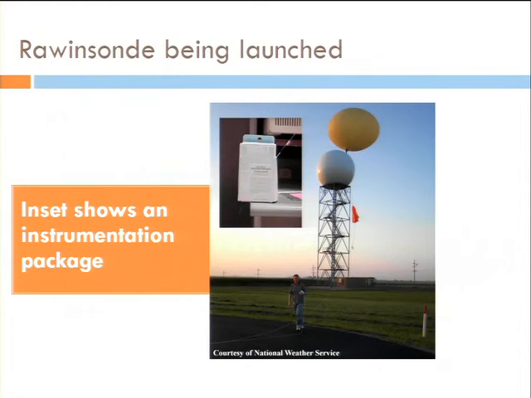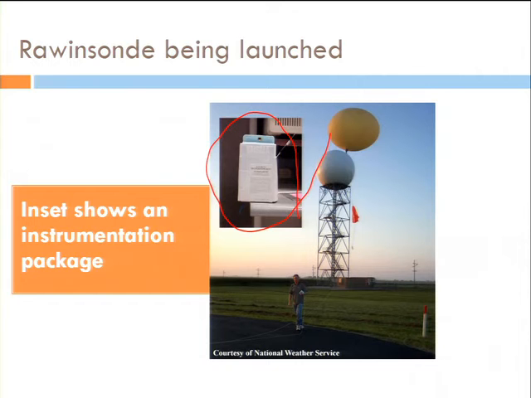And it is literally a little packet. It's literally about this big. And in this little packet, we have temperature and pressure and moisture sensors. And we simply attach it to a balloon and we let it go. And obviously, the balloon has to have a certain rate of rise. And the way we actually tell the wind from this is by tracking the movement of the balloon.